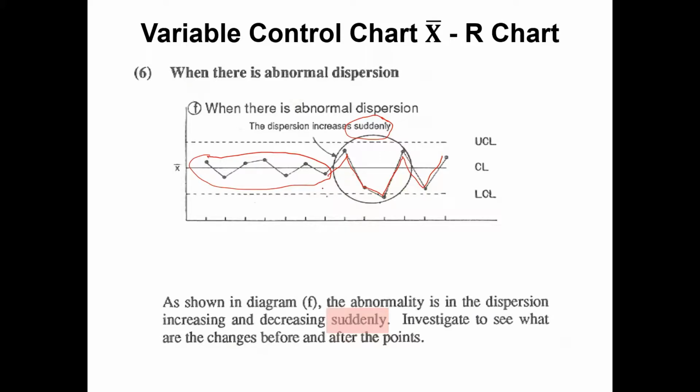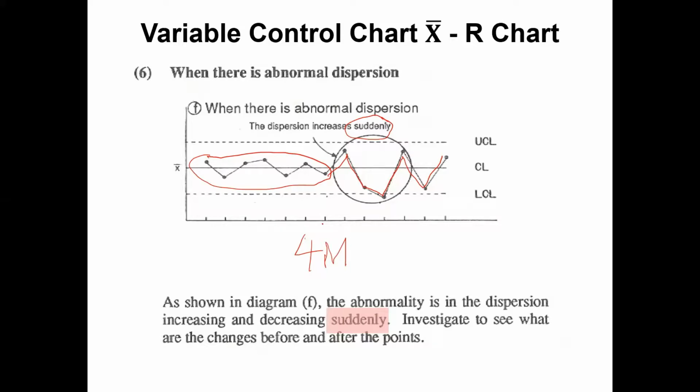But if the abnormality doesn't occur consistently, then again you need to explore the 4M to see what the potential problems of these abnormal dispersions are.